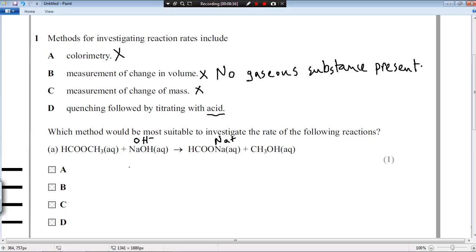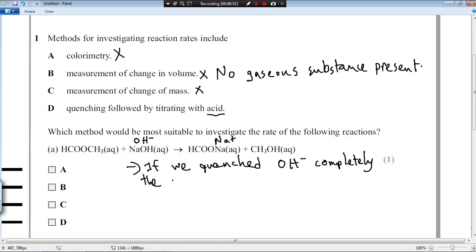Yes. So let me write this thing down. In here, if we quenched hydroxide completely, the reaction would stop instantly.